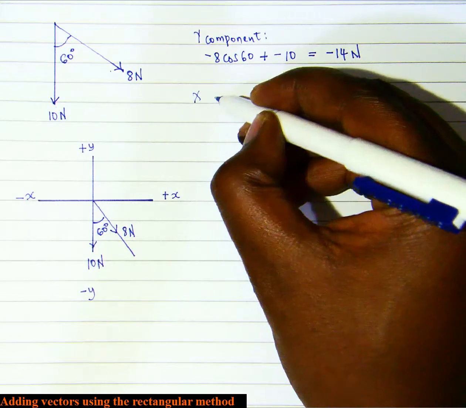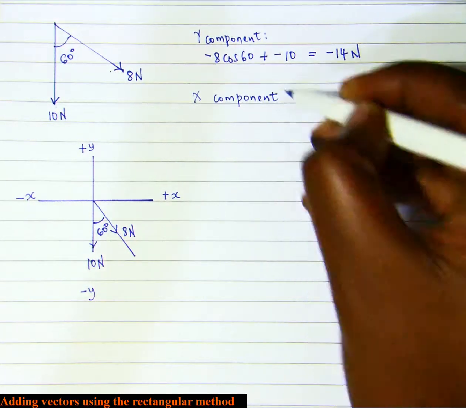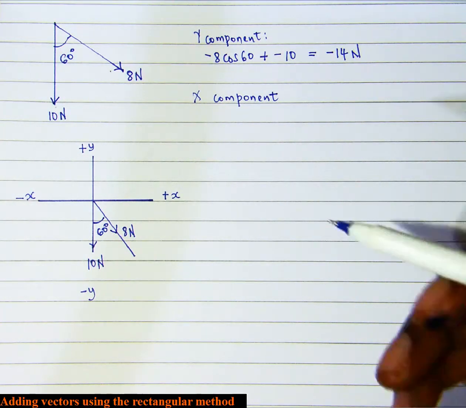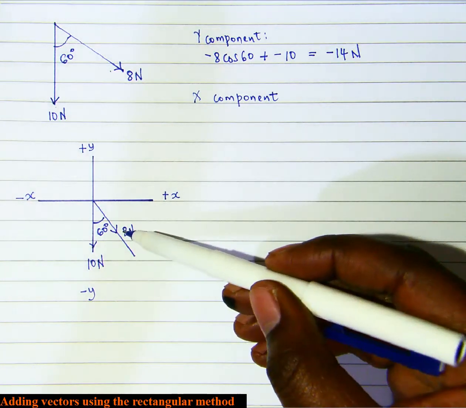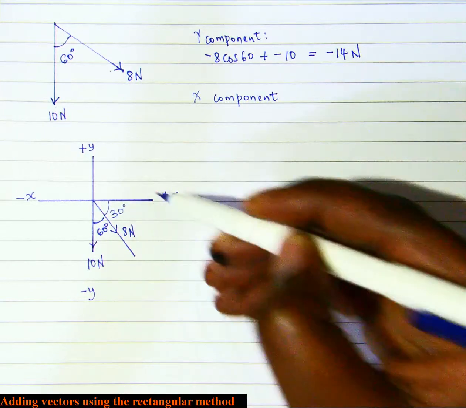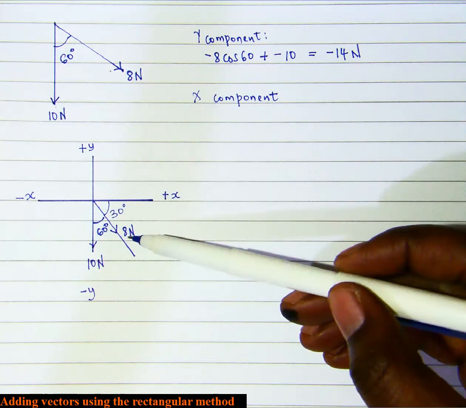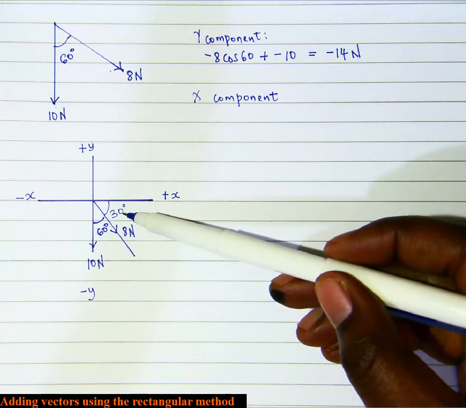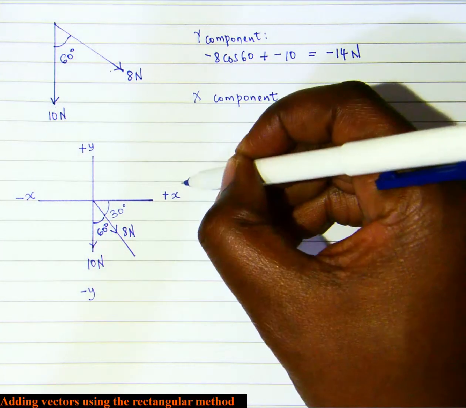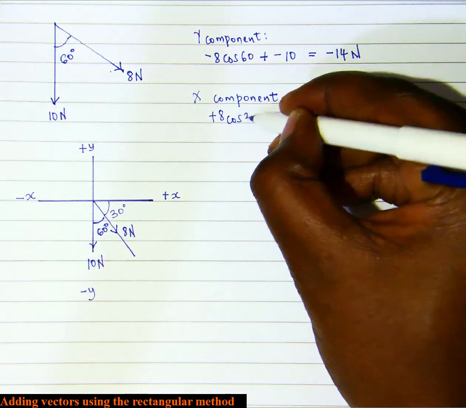We then look at the x component, and again looking at this force, that remaining angle is 30 degrees, therefore the x component of this force is 8 times cosine of 30. It's on the positive side, therefore it's positive 8 cos 30.